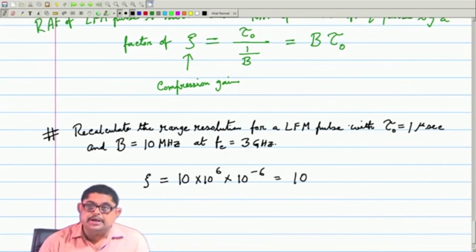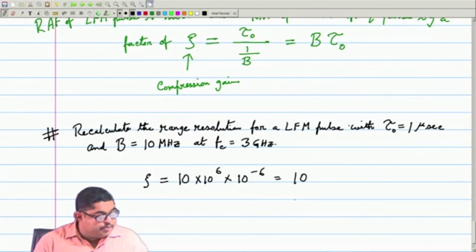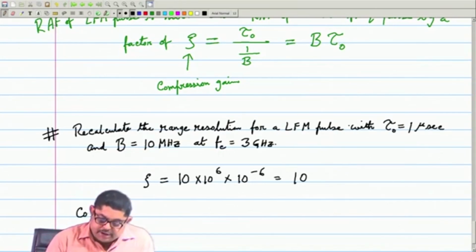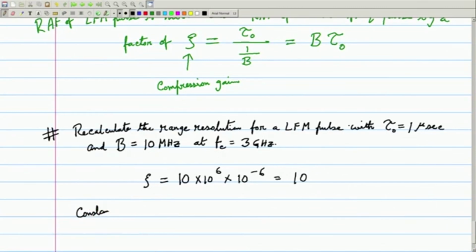So, the pulse compression gain is 10, and if you remember, earlier also we have taken the same thing, for a constant frequency pulse.